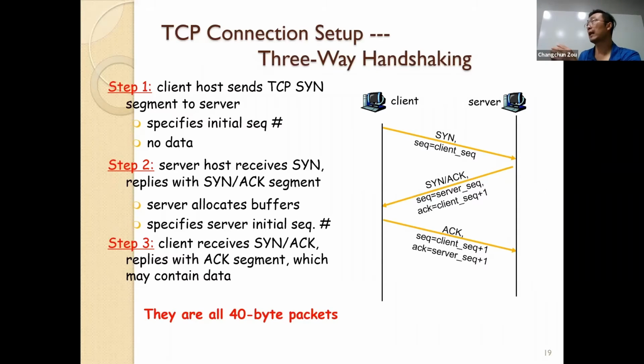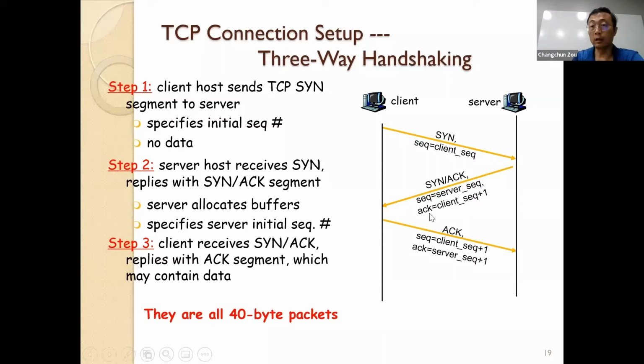In the TCP packet header, the SYN bit and ACK bit are set to 1. All the other control bits are 0. So that's why it's called a SYNACK packet. Then the server also chooses an initial sequence number for the server's data. Remember, the client and server both have data to send to the other end.